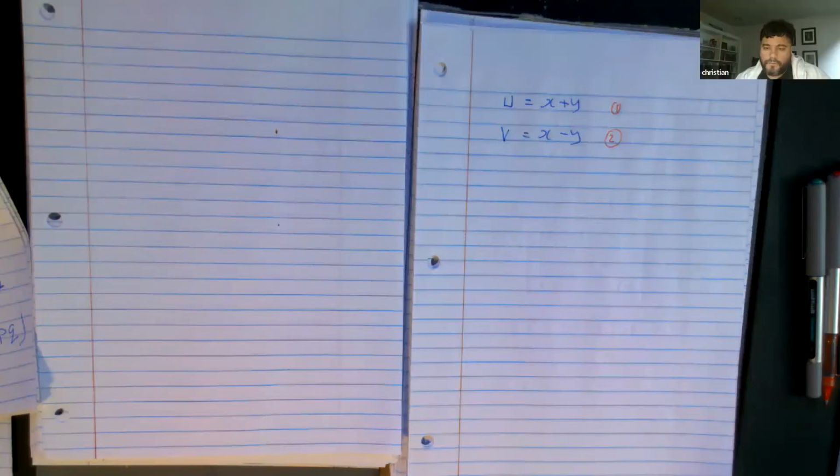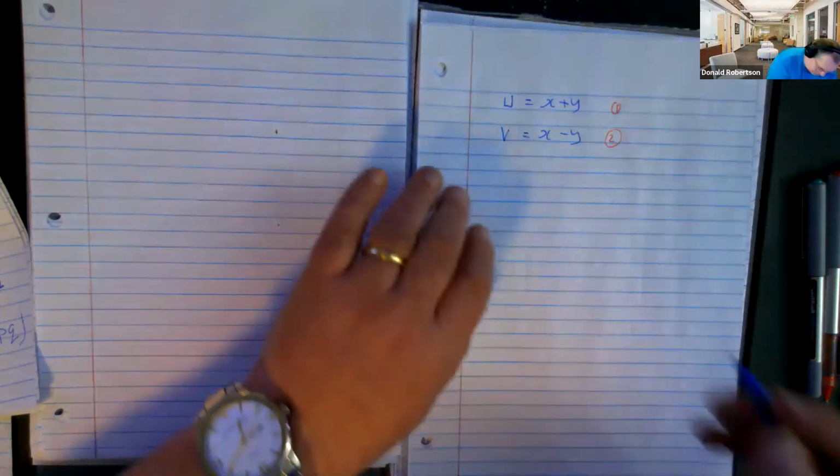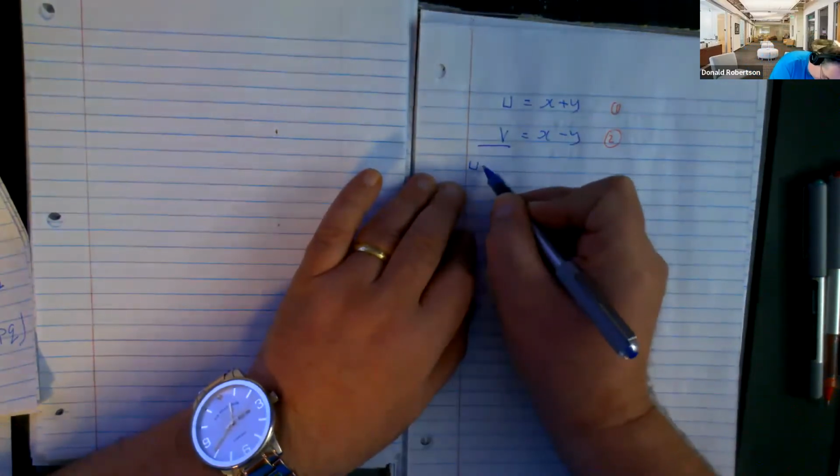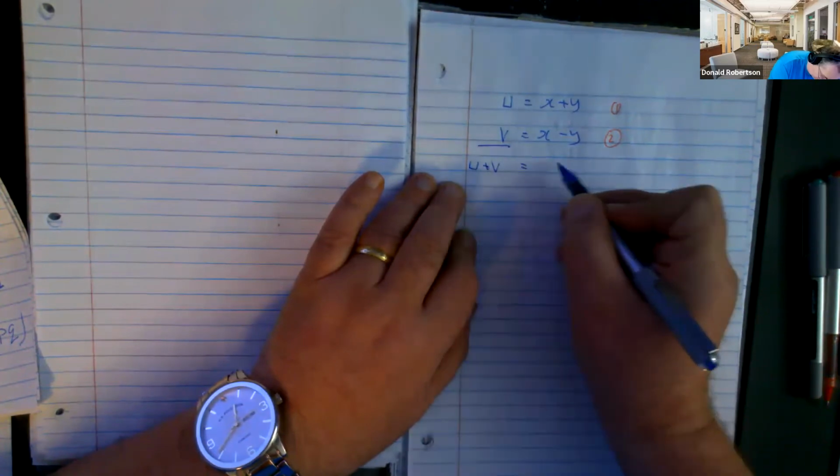Can somebody tell me what would be the next line of algebra? Think of solving by the addition method. Do we add them? Yes, you do. And so you get u plus v is equal to 2x.